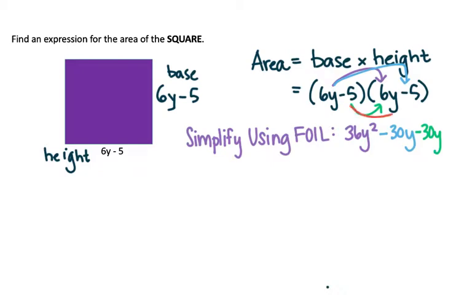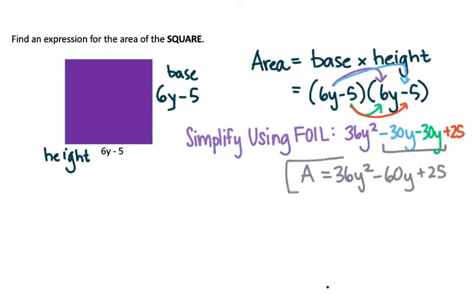And then lastly, minus 5 times minus 5 is plus 25. Now, as usual, we can combine like terms for the middle two terms, and we would get an area expression of 36y squared minus 60y plus 25 for the area of this square.